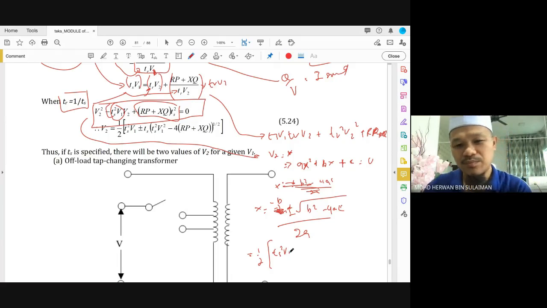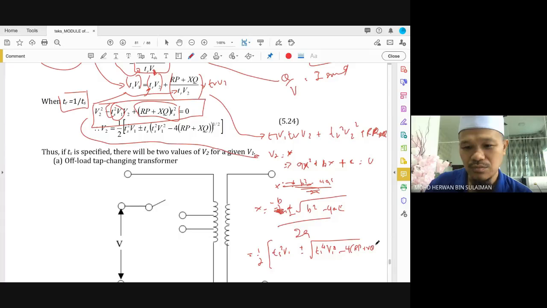This is your B plus minus B square. Since your B is negative, negative square, it becomes positive, no problem. So you get TS the power of 4 V1 square minus 4. A is 1, C is your RP plus XQ.